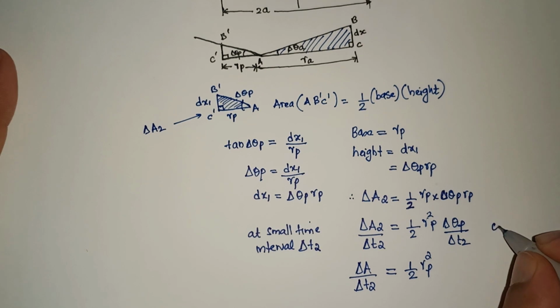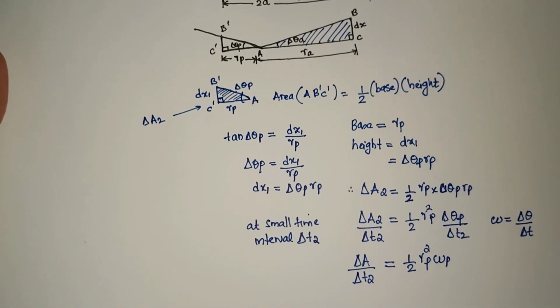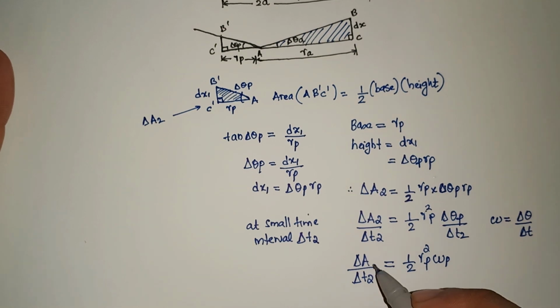This is something like omega, called the angular frequency, which is equal to delta theta divided by delta t. So this should be omega p, at the perihelion. So half into r square p into omega p, that is delta a2 divided by delta t2.